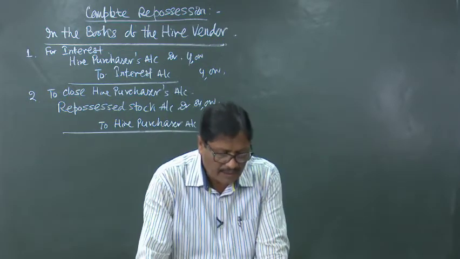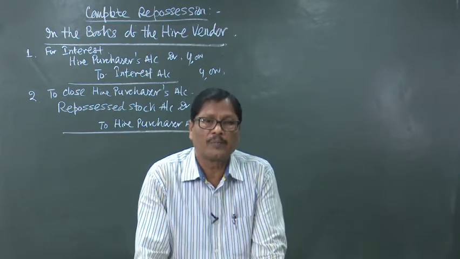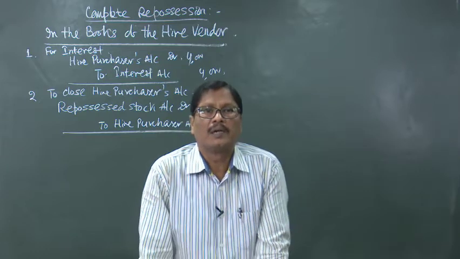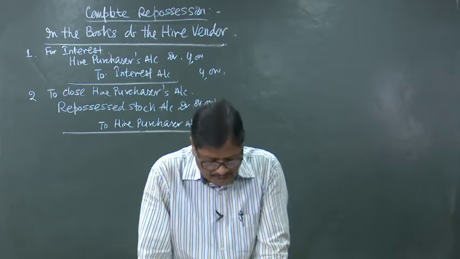Then when he spent something on its repair and renewal to bring it into a workable condition or sellable condition, some expenses are incurred. So for those expenses, what will be the entry?